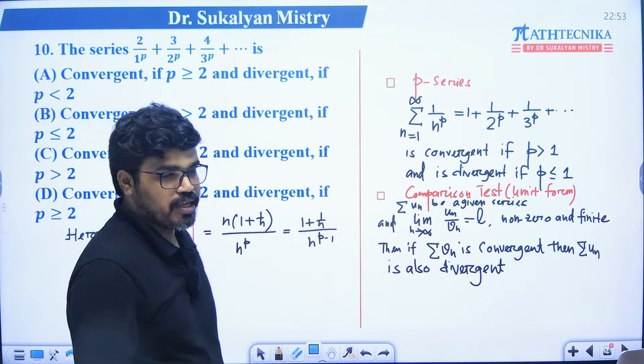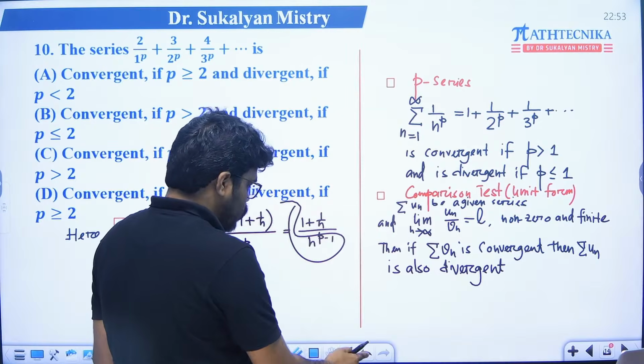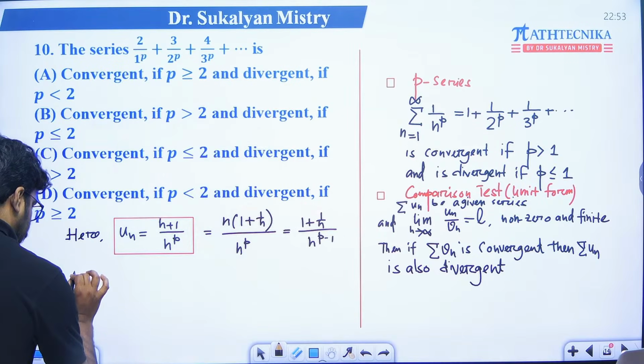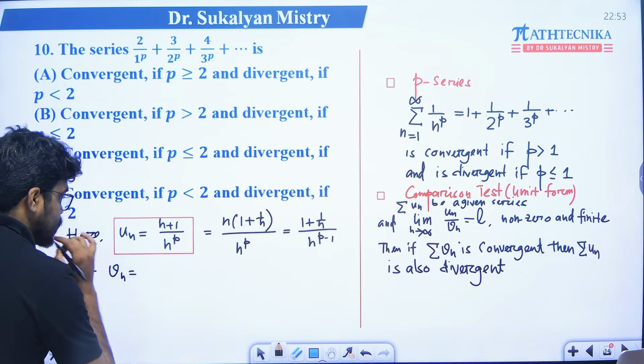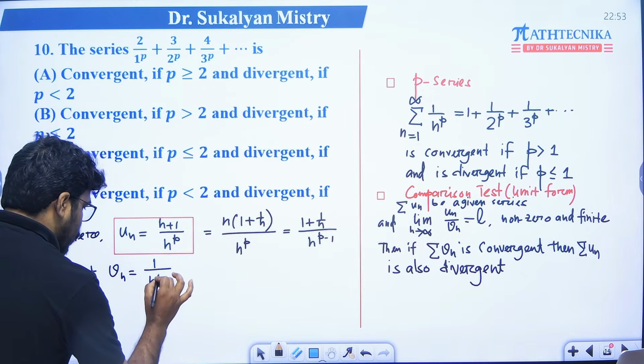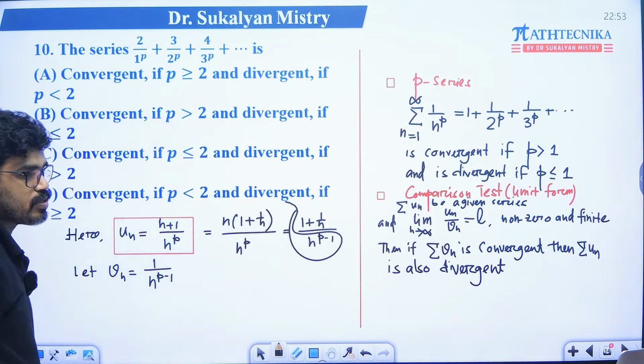So let vn, that is the comparison series, be 1 by n to the power p minus 1. We consider this as vn.